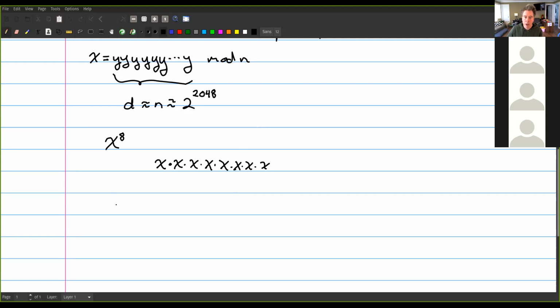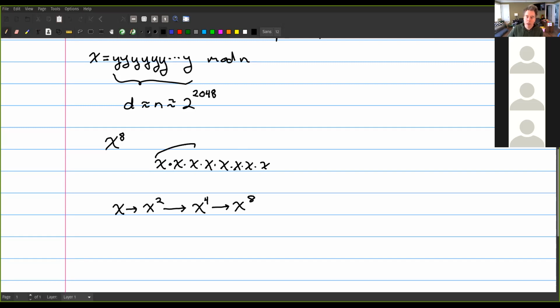So here's another way to do it: compute x and then square it, and you get x squared. And now you can square again, and that gives you x to the 4th. And then you square again, and that gives you x to the 8th.